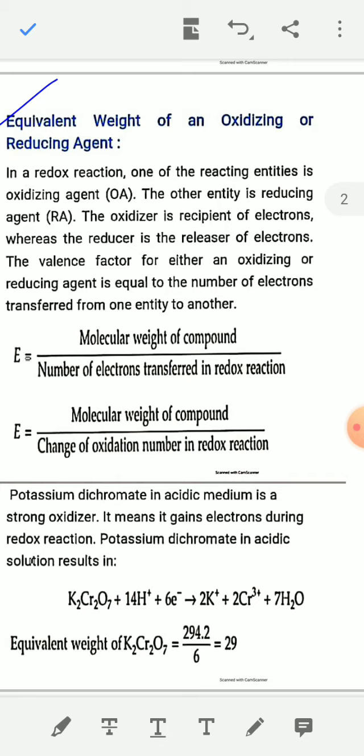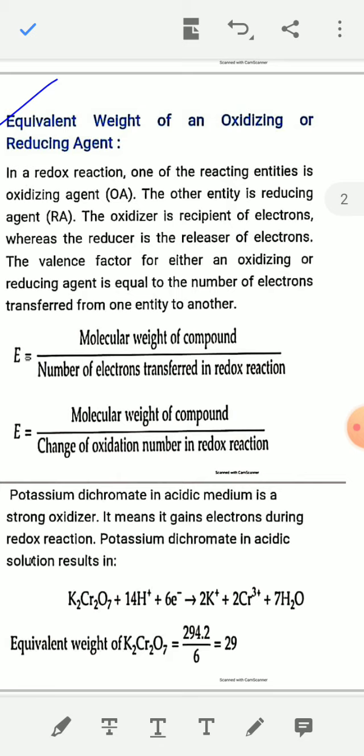Redox means oxidation-reduction reaction. The oxidizer is the recipient of electrons; it receives electrons and itself is reduced. Similarly, the reducer is the releaser of electrons and itself is oxidized.